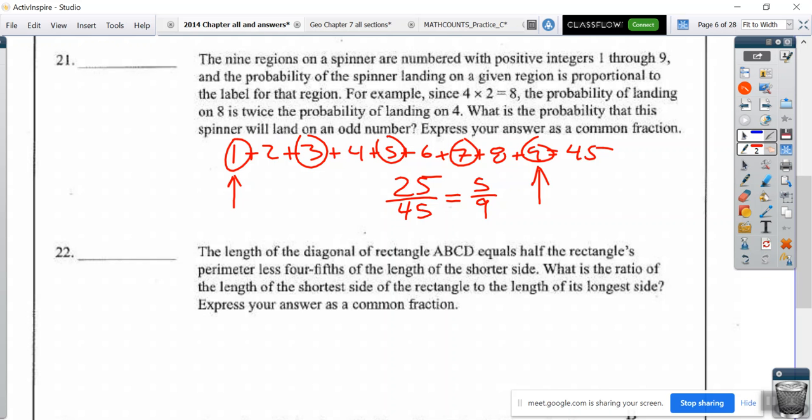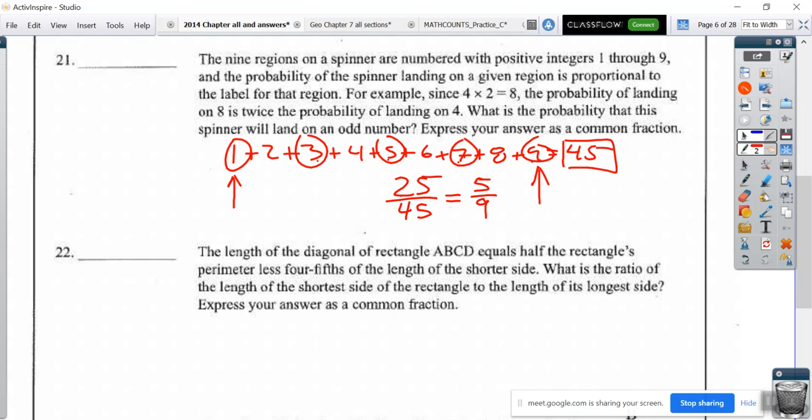So you can think of this spinner as having 45 sections, and of the 45 sections, 9 are 9. 8 of the 45 have 8. 7 of the 45 have 7, and so on. So that's why we can just add the odds together. And so we'll have 25 of the 45 sections of the spinner being odd, and then you just reduce it.